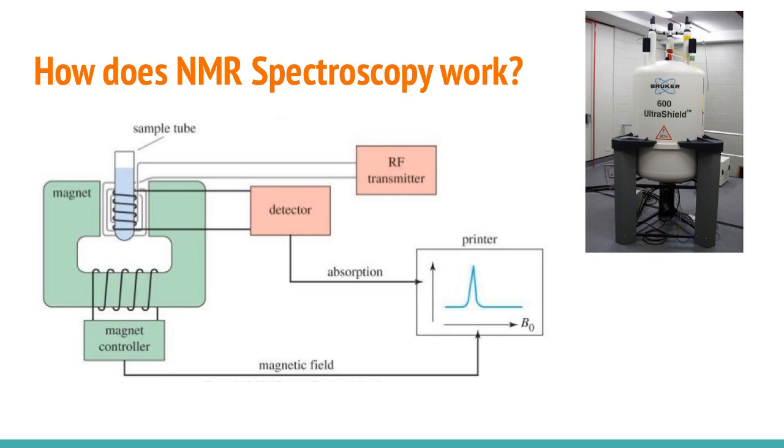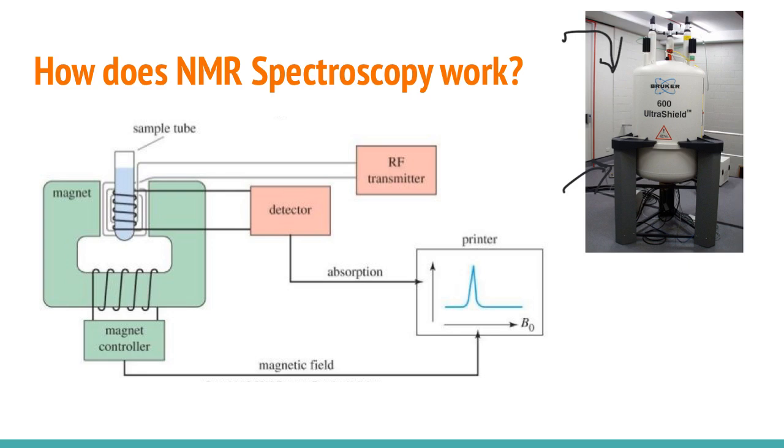In order to interpret an NMR spectrum, it helps to know a little bit about how an NMR spectrometer works. The image on the side here is an example of an NMR spectrometer. They are quite large. There are a few different sizes based on the size of the magnet, but you can see the ladder in the back here, which gives you an idea of the magnitude of the size of one of these machines.